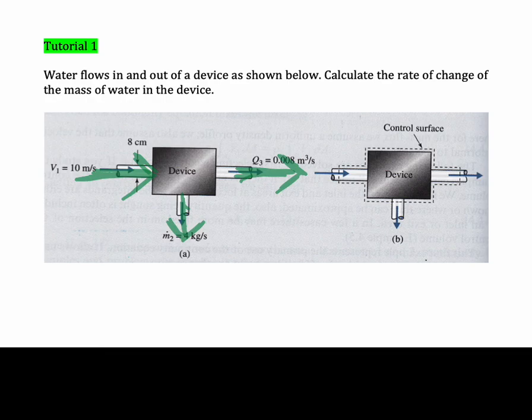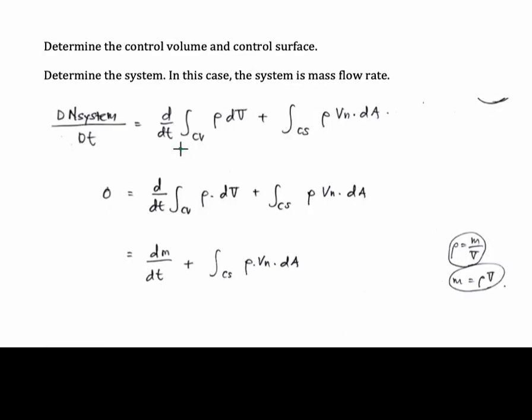So maybe the total mass flow rate in is not equal to the total mass flow rate at the outlet. Because conservation of mass must be fulfilled, maybe the dm/dt here is actually the increment of mass inside this device. So the mass inside the device is increasing, and at the same time liquid could flow out from that system. So this is the meaning of dm/dt that we have put here.